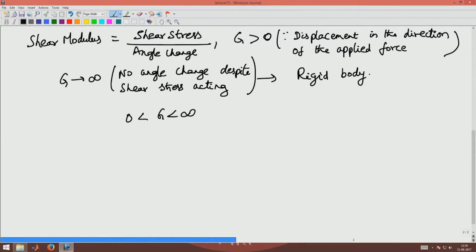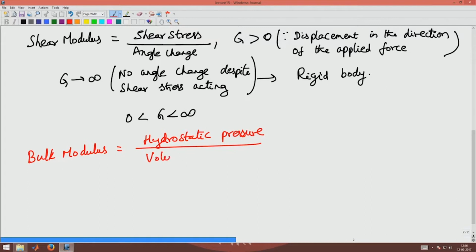On the other hand, bulk modulus is defined as the ratio of hydrostatic pressure divided by volumetric change. Now again bulk modulus has to be positive, because if I apply a compressive force, the volume should decrease.